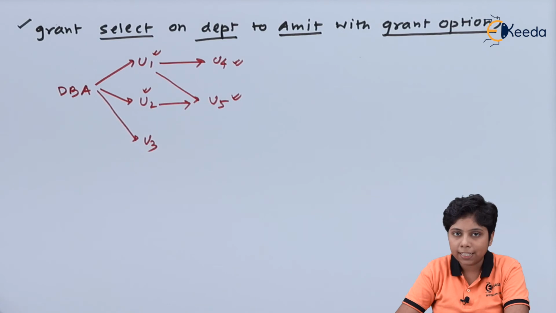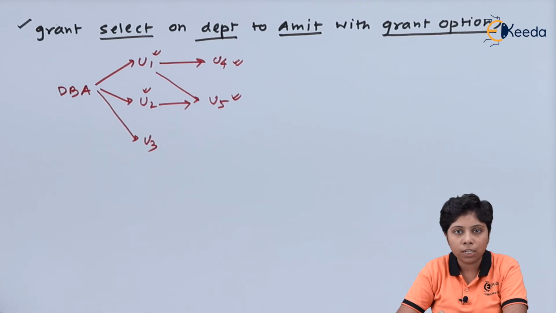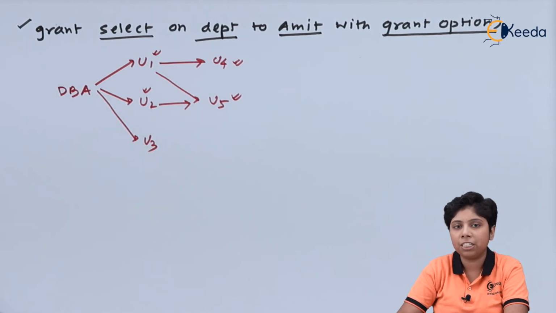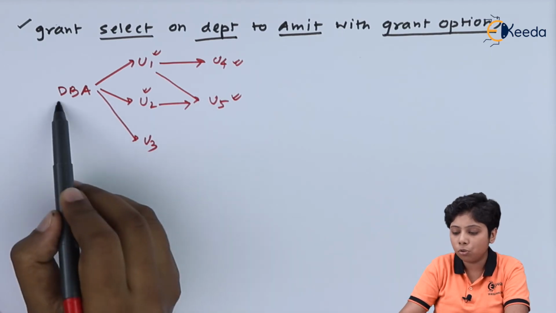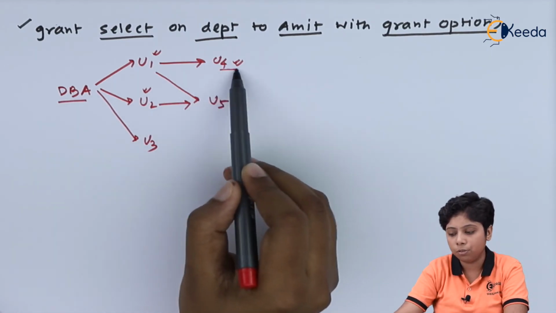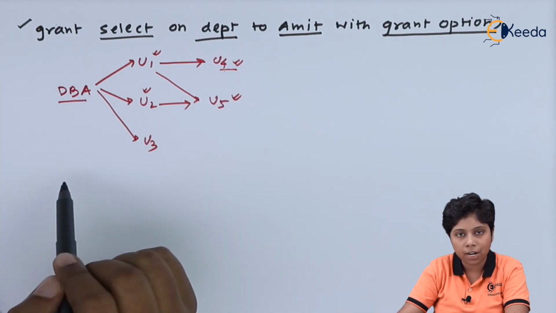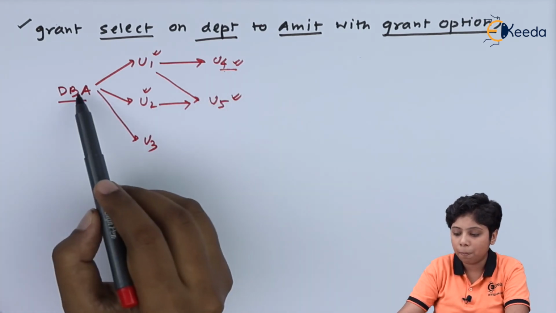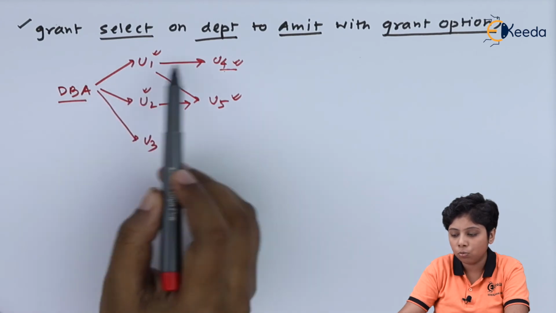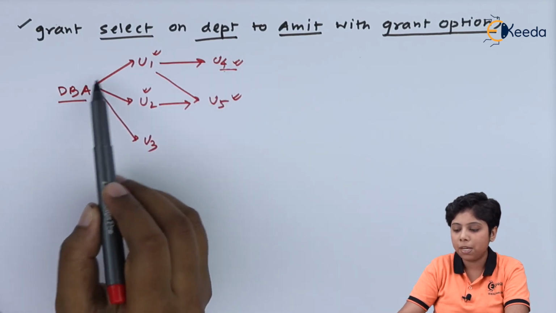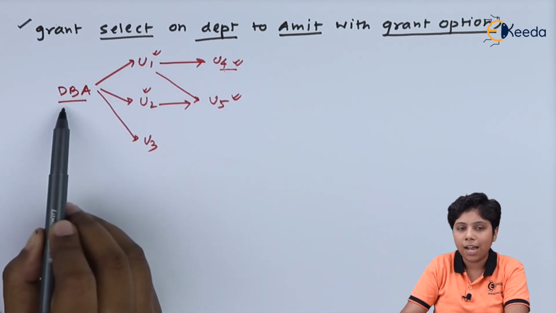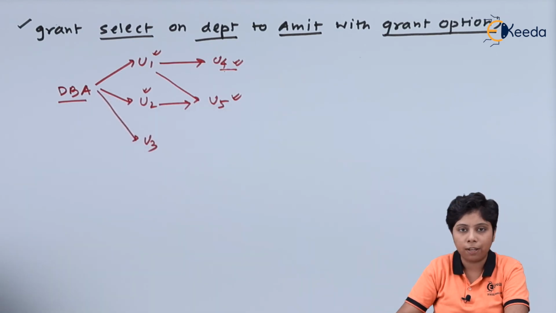And we can say that a user Ui has the privilege on some relation if and only if there is an authorization graph with a path from the root to that user. So here U4 and U5 are in the authorization graph, with the paths DBA to U1 to U4, DBA to U1 to U5, and DBA to U2 to U5.